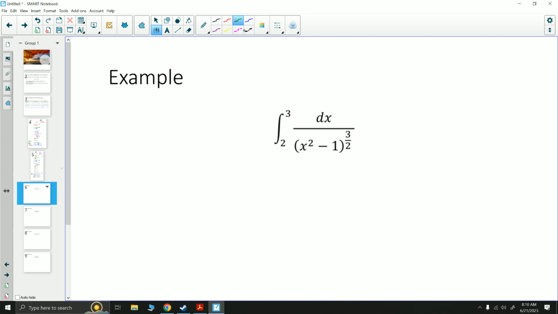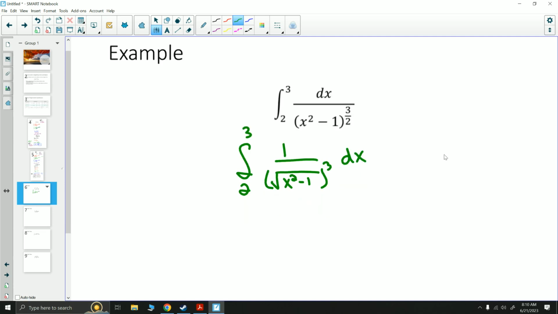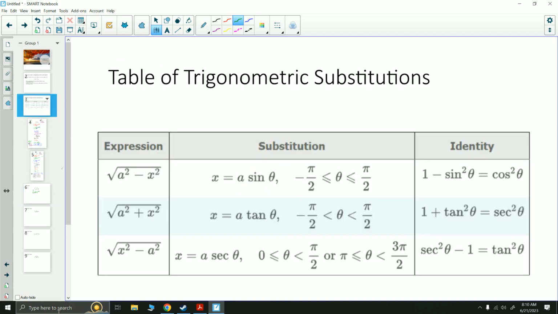Okay, so let's go ahead and take a look at this thing. We have the integral 2 to 3, we have 1 over. Now, this is hidden, but it's still a square root. It's like saying the square root of x squared minus 1, cubed, dx. So this is what we're working with. So again, we're going to use our square root of x squared minus a squared, where x is a secant theta.